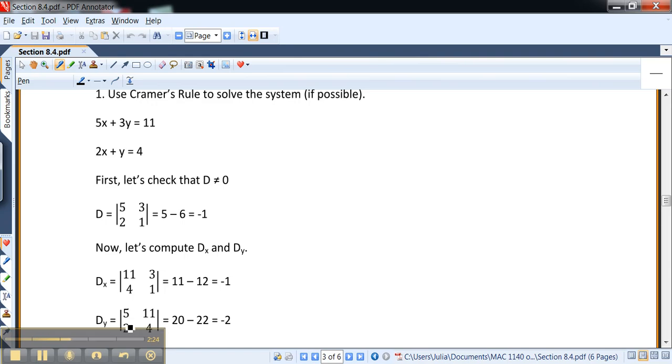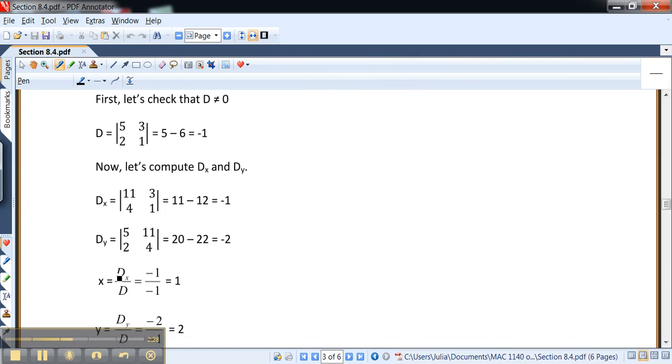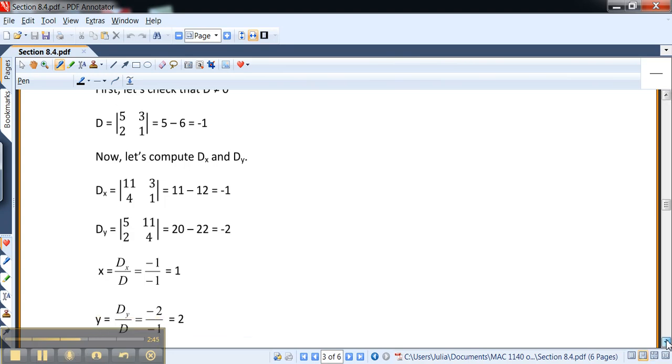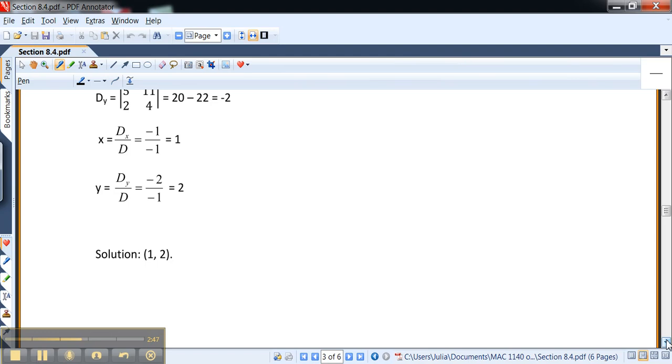We compute dy similarly. We have the coefficients of x in place, but instead of coefficients of y, we have the solutions. So we have -2. So x and y are simply ratios. X is dx over d, which gives you 1, and y is dy over d, which gives you 2. And here is a solution which we can write as an ordered pair, (1, 2).